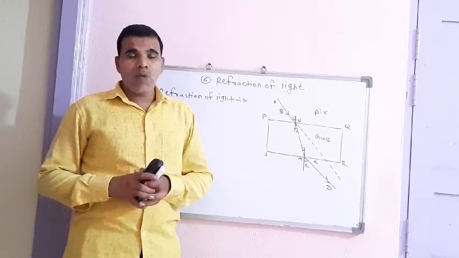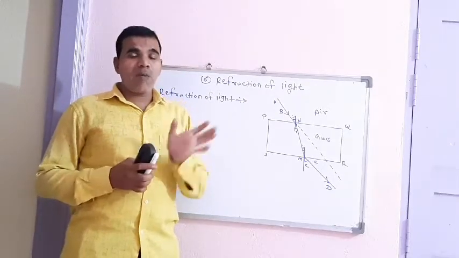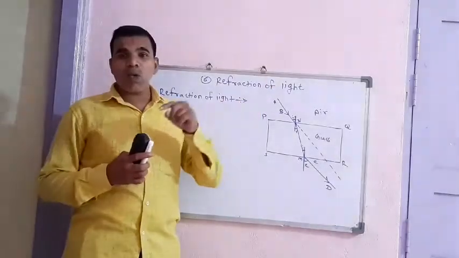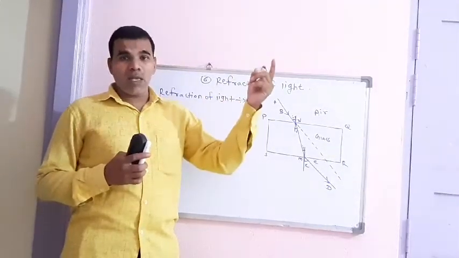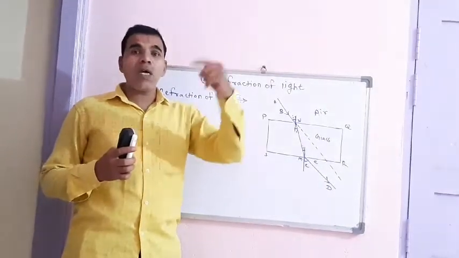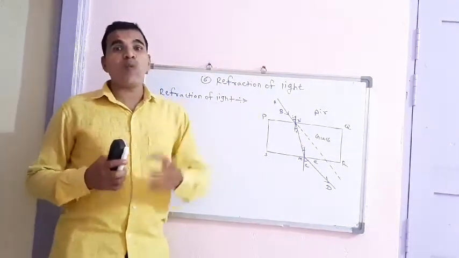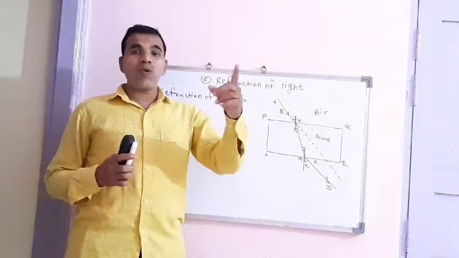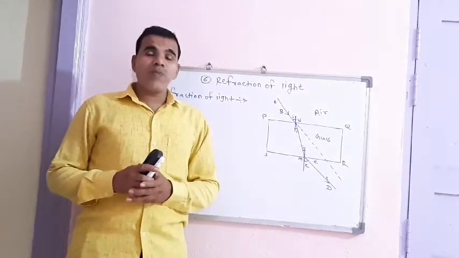Look at this. When we take a mirror in front of the sun, the rays fall on the mirror and get reflected from the mirror to the opposite side. So these are said to be refracted rays.